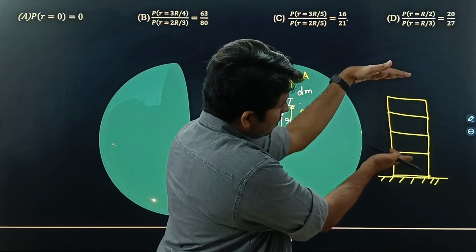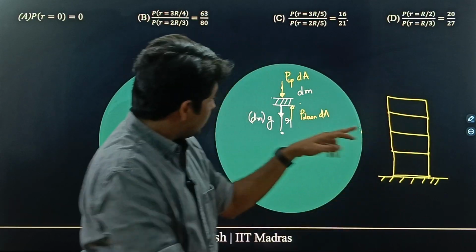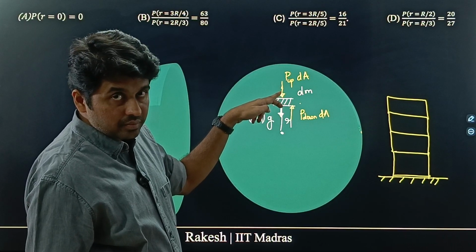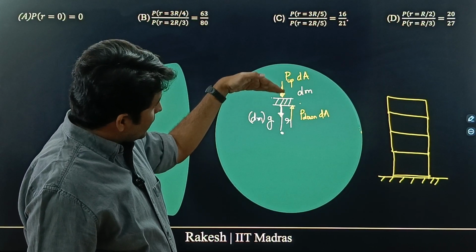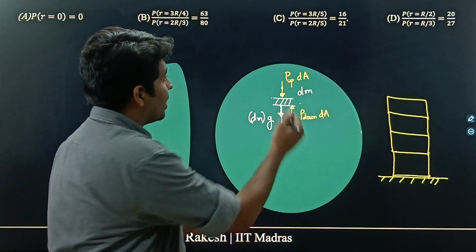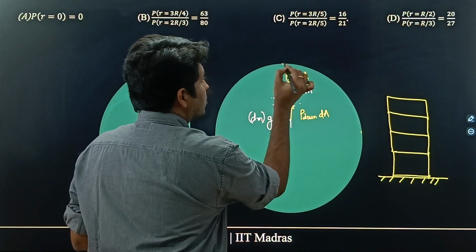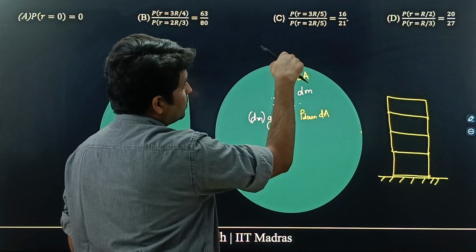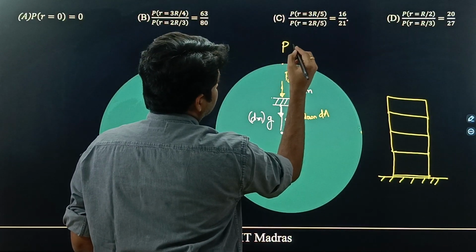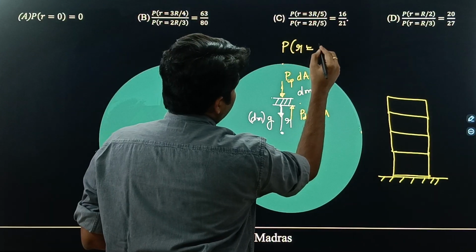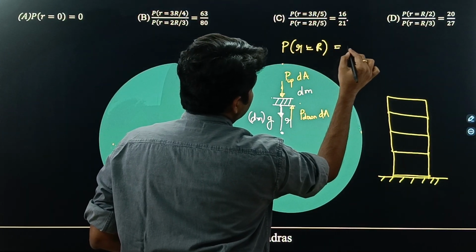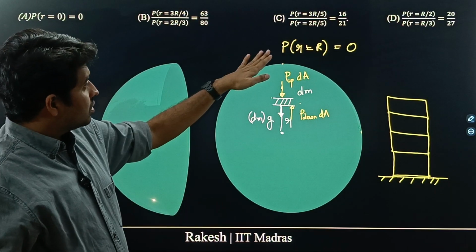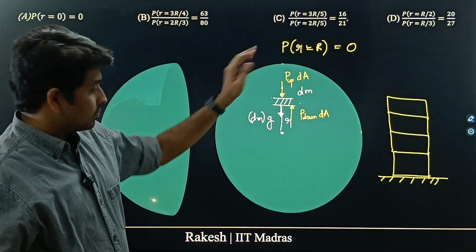Because the weight of the whole thing is acting on this. Similarly, the pressure here will be more and here it will be lesser. Slowly as we go up and up, at the end there is no other material to push it down. So the pressure at r equal to capital R will be equal to 0. So this is one thing that you need to remember.